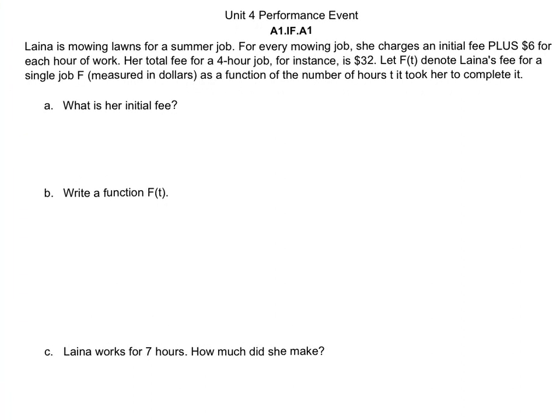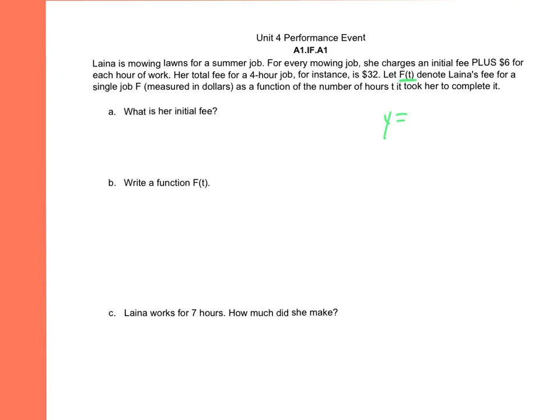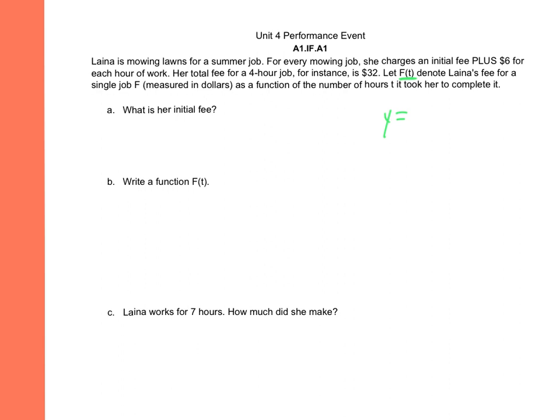So they told me that f of t, or f of x, isn't that just a y value? Yeah. So they told me that y stands for her fee measured in dollars. So y is money, which means that this other variable, which is hours, is going to be x, right?